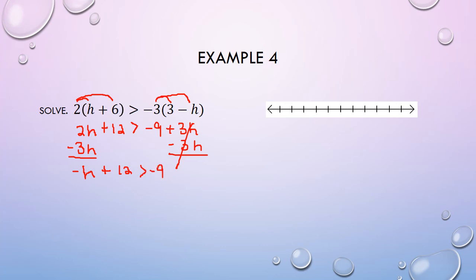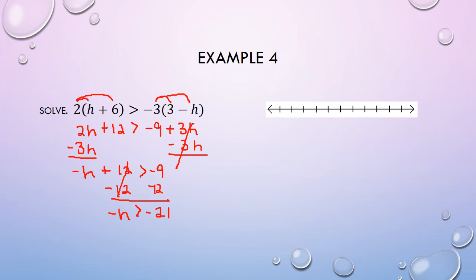Now get rid of that plus 12 by subtracting 12 on both sides. Those will cancel out, bring down a -h is greater than -9 and a -12. Those are same signs. We add, and we've got more negatives than we do positives, so that's -21.